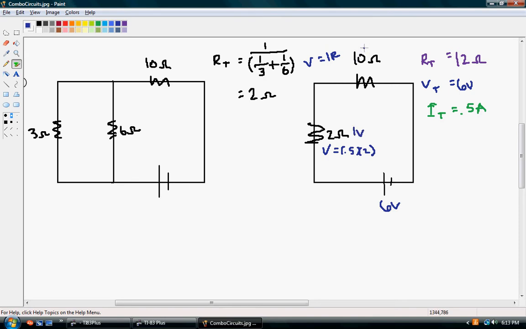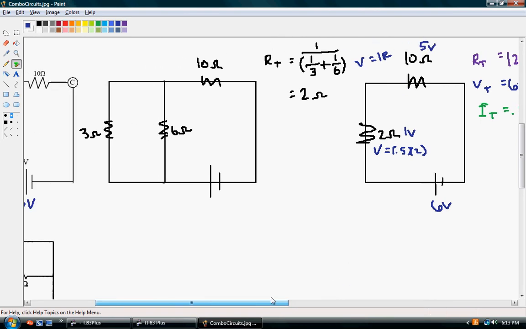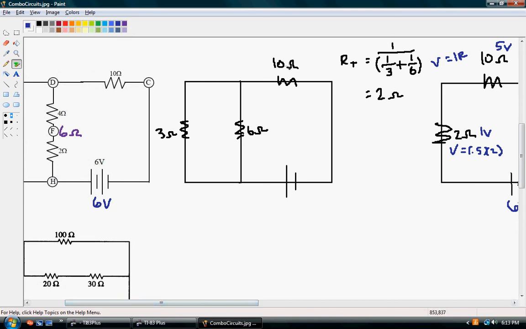And 0.5 times 10, our 10 ohm resistor uses 5 volts. So we're going to back this up. We know that this is 6 volts. We know the 10 ohm resistor uses 5 volts. And the equivalent resistance of 2 ohms gets 1 volt.